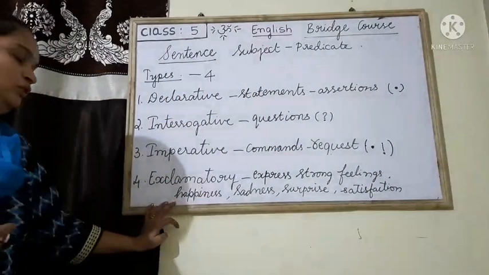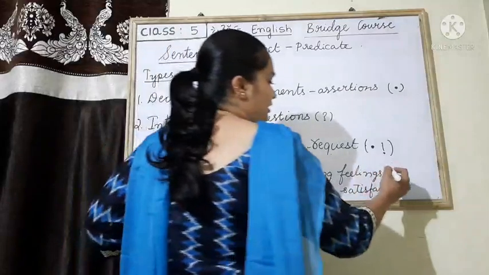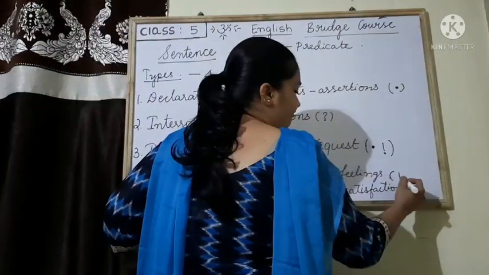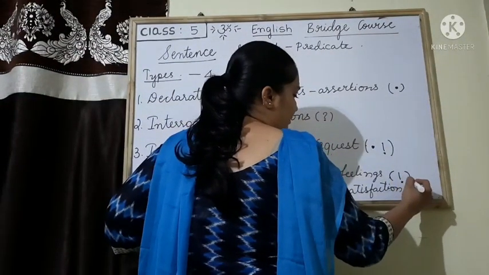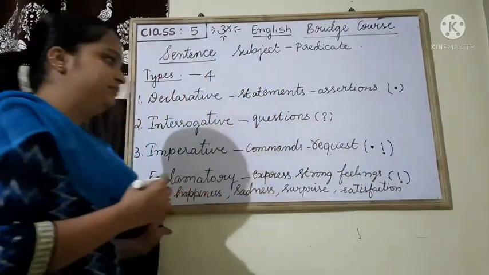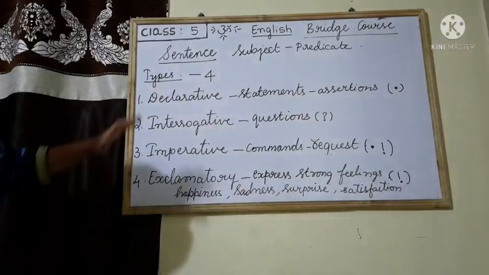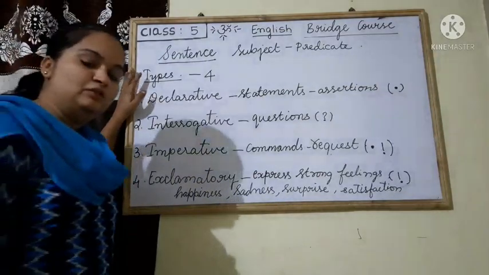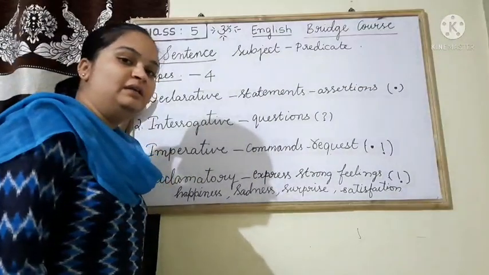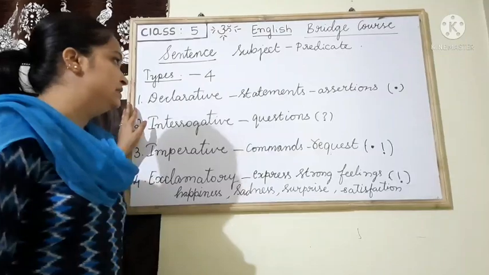And exclamatory sentences always have an exclamation mark at the end. So these are the 4 types of sentences.